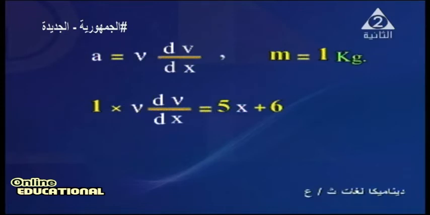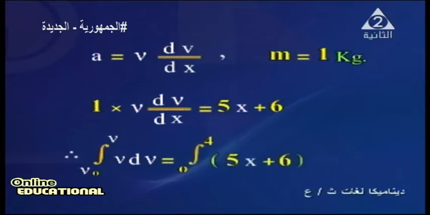Now, integration of v dv from v naught to v equals integration of 5x plus 6 dx from 0 to 4. The integration of v dv equals half v power 2 from 0 to v.